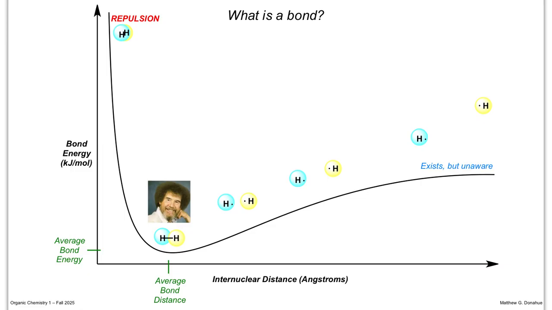So the reason that's a well, see how it says average bond distance, average bond energy? When we report those things, we're measuring from the center here to the center here is the average. But even at absolute zero, there is energy. Zero point energy. Everything's always moving. So when that bond forms, it's not static.